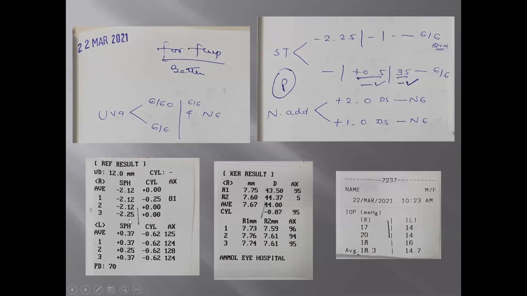And in the right eye, the patient has minus 2.12 diopter autoref reading for distance. So it means that the patient has approximately minus 2 myopic refractive error, which will give him good vision for near.